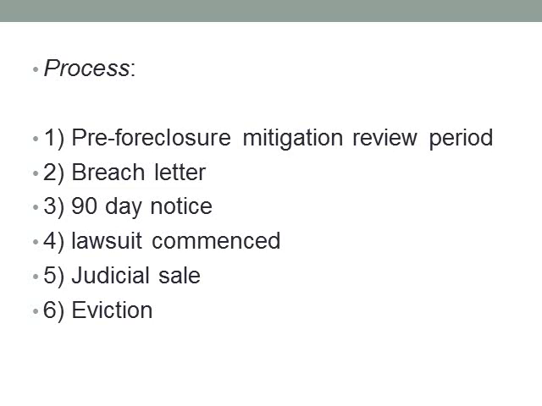And the process goes something like this, and I'm using New York as an example, but this is pretty much standard. There is a pre-foreclosure mitigation review period, and I will tell you this came into play, I believe, right after the 2008 issue. And this is a federal rule, and a mortgagee cannot bring a foreclosure action until the mortgagor is 120 days delinquent.